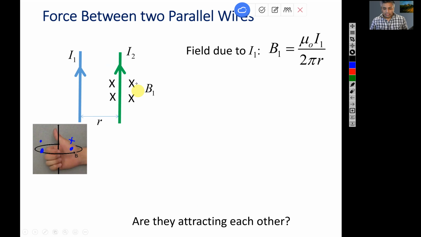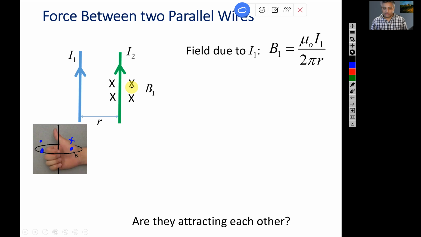So again, B1 is the magnetic field from the current flowing in this blue wire. And that value of the magnetic field is given by this equation here, right? And the direction is given by the cross, so that means the magnetic field is going into the screen on this side of that blue wire.